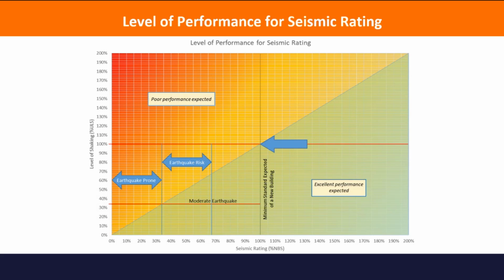Most clients, being slightly sensible, want to be out of the earthquake risk area, and it's a bit of a selling point. My building has got an 80% NBS. There are certain councils and certain public bodies that will not occupy a building at less than 80% NBS, because that's tied into employment law.